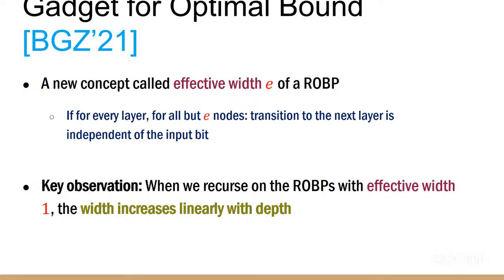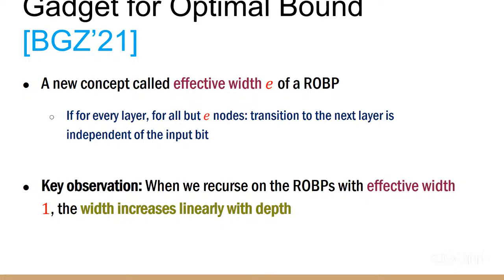Is the underlying gate set just AND and OR? Like, for instance, if the gate included parity, would there be a... Yeah, good. So that is for read-once Boolean formulas. But here, we can come up with a read-once branching program for parity also, which has the property that the effective width is 1.